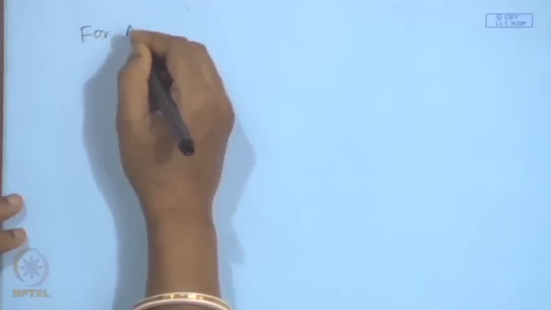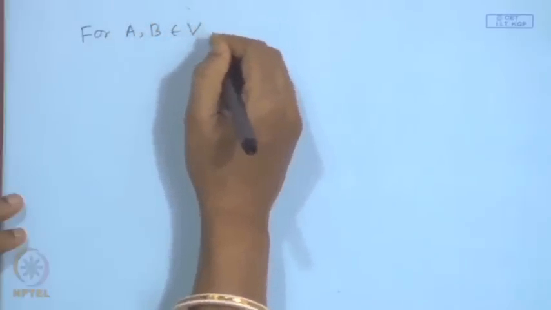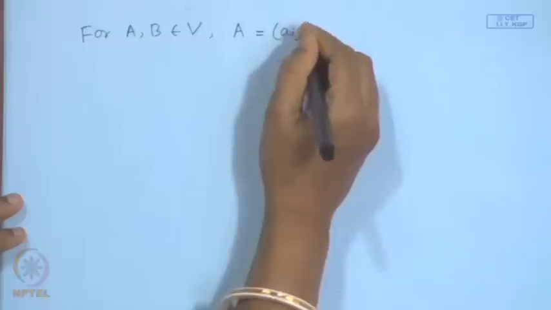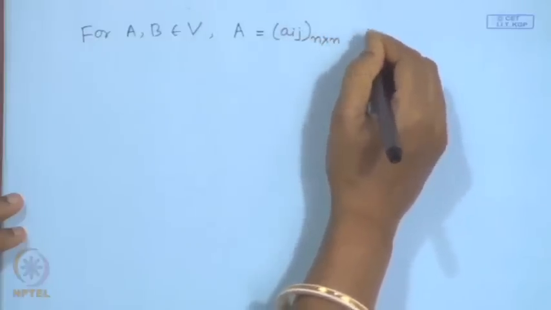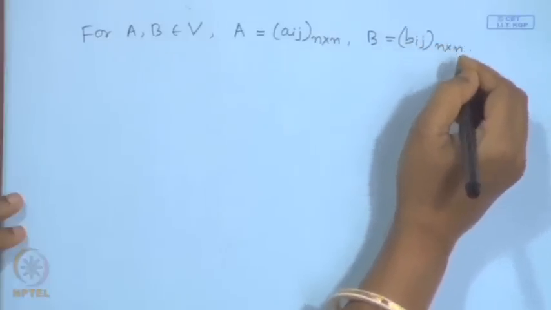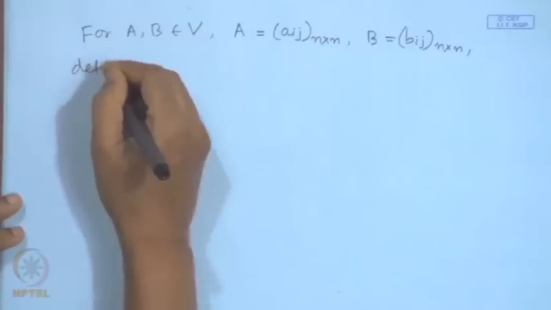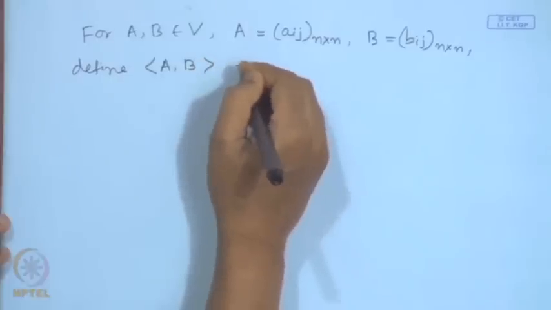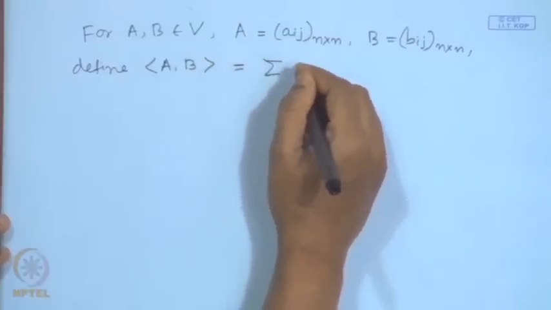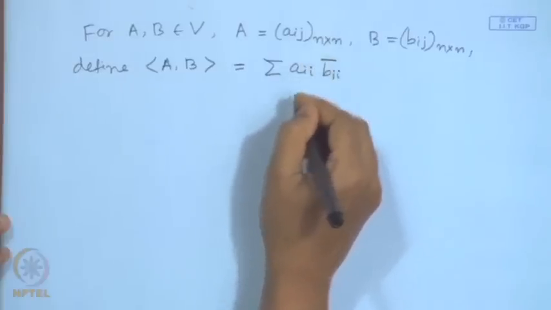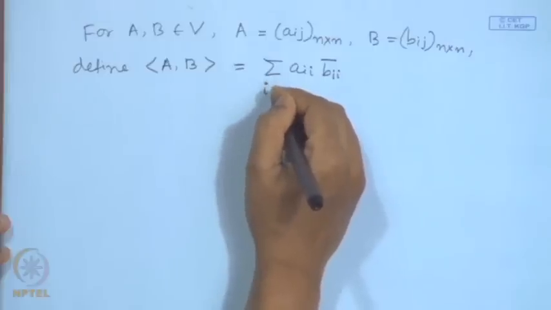Here we define, for A, B belonging to V, with entries of A being a i j and entries of B being b i j, this mapping inner product of A B equal to summation a i i times b i i complex conjugate, I from 1 to n.